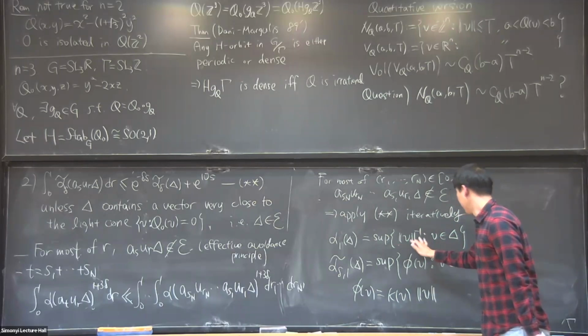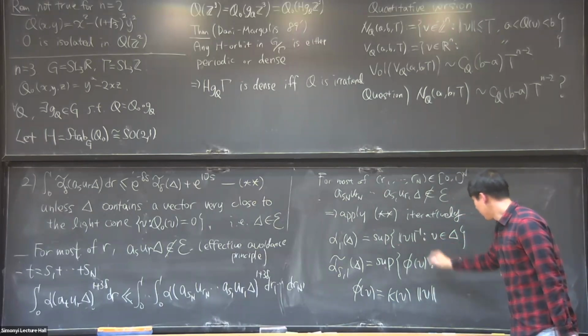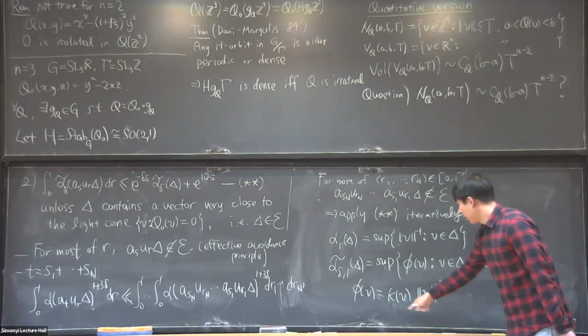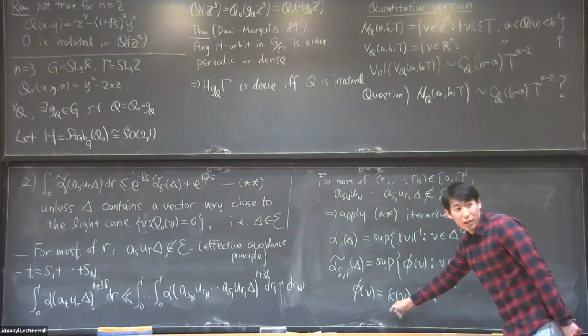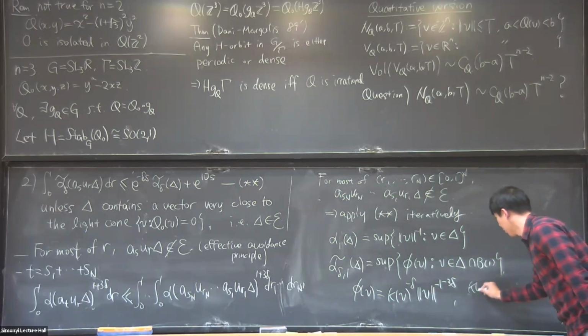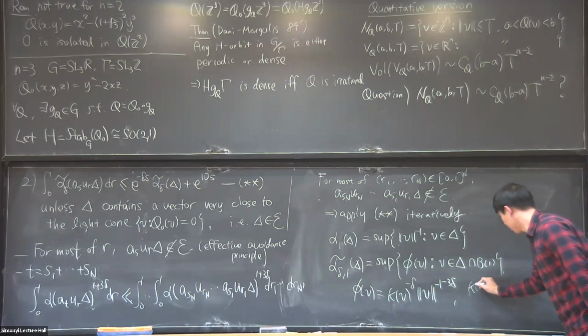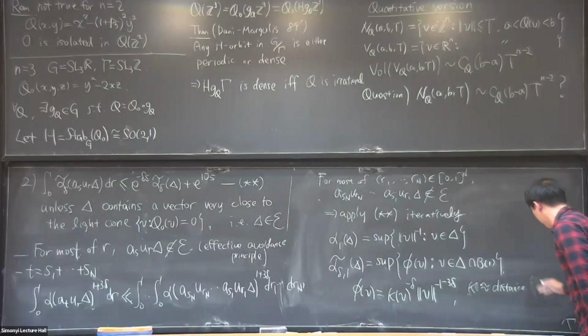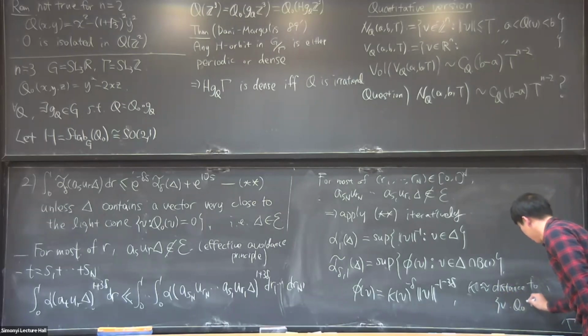And the shape of the function phi is basically similar to this function, but with some Diophantine vector kappa. I don't write it explicitly, but kappa is more or less the distance to the light cone Q0 equals 0.